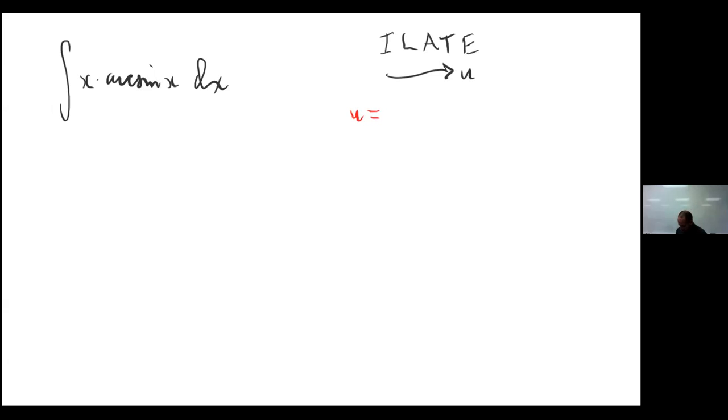U, of course, would be arcsine of x, because who on earth would be insane enough to find the antiderivative of arcsine of x just off the top of their head, right? So u is arcsine of x. dv, what's dv? X. du, okay, what's du?